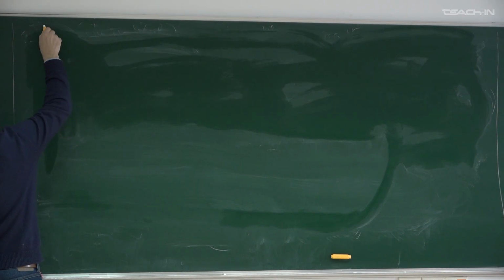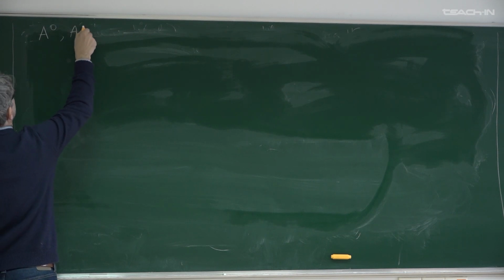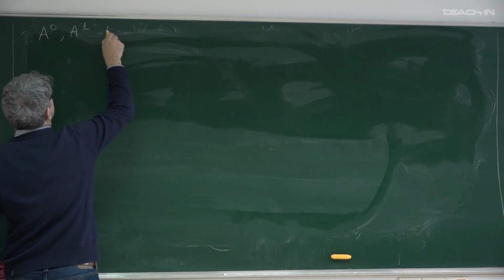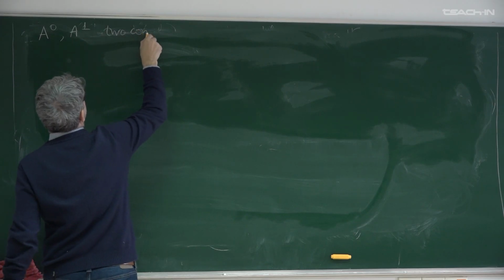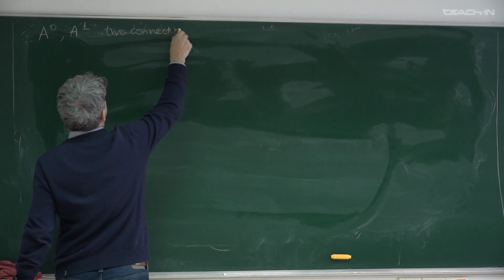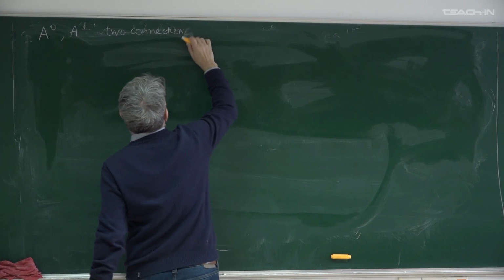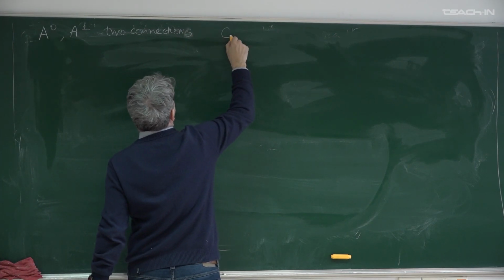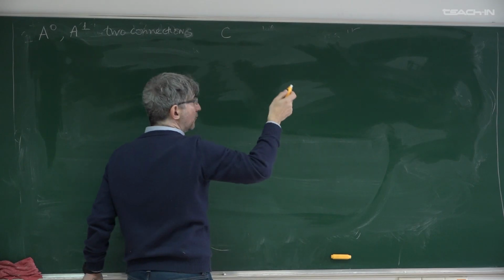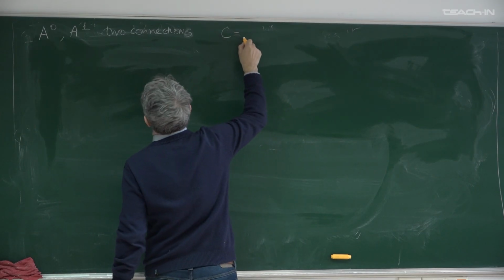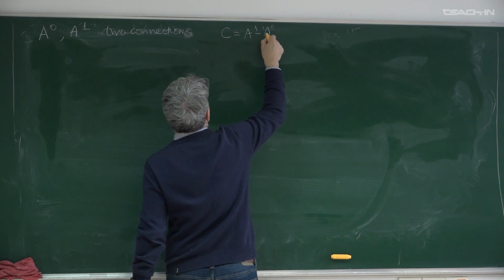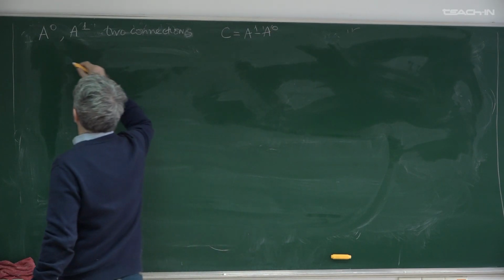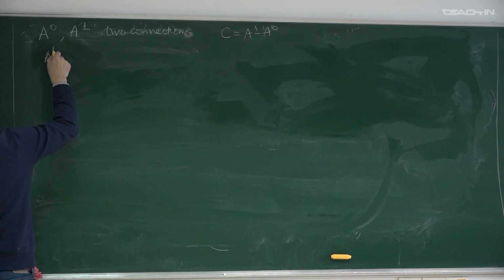So we have two connections, A0, A1. The difference between them is a one-form, C. Now we define a connection of such type.